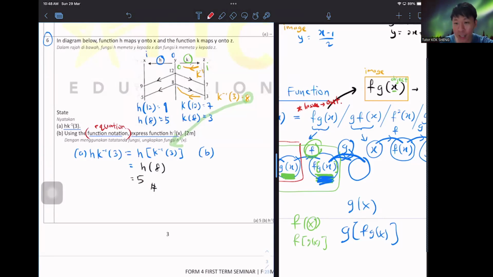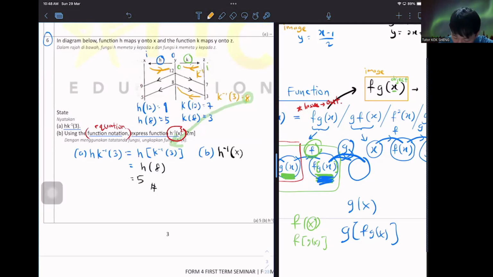You have to write the equation of h inverse of x. We see the picture first. H is right to left. H inverse is going backward, opposite direction, going here.